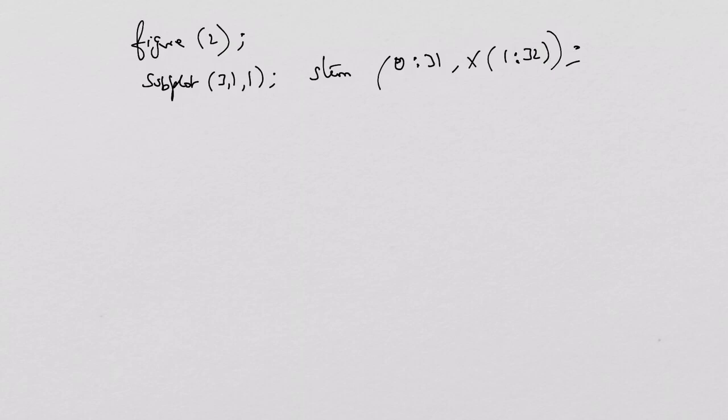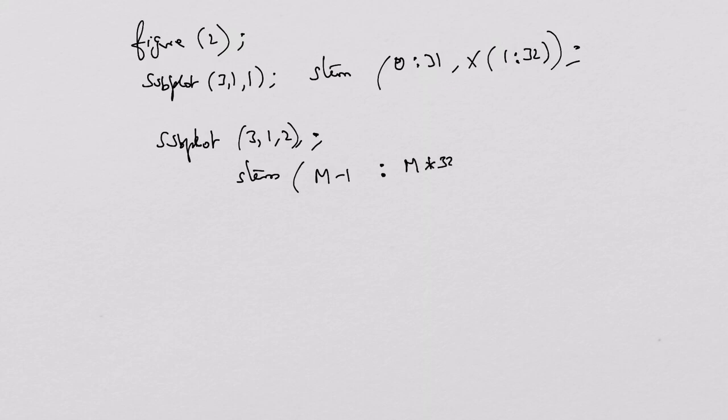Let's go for subplot of 3, 1, 2. Stem of, starting from m minus 1 colon m multiplied by 32 minus 1. Let me take only those samples.